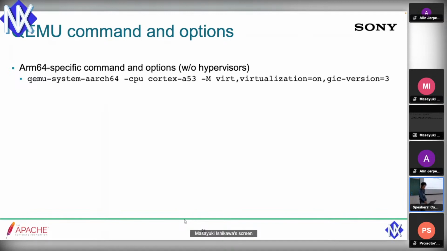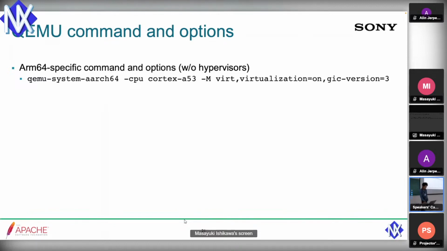We need to specify CPU and machine options, in which we have to use virtualization on, and GIC version 3. I'm still unsure if we can remove these options, virtualization and GIC options, but we need to specify them so far.